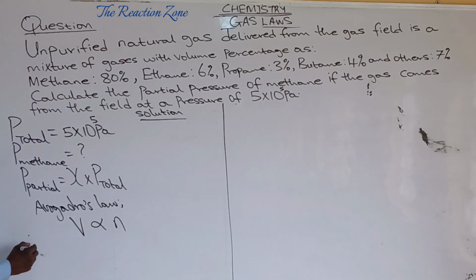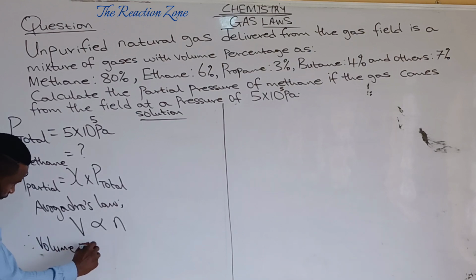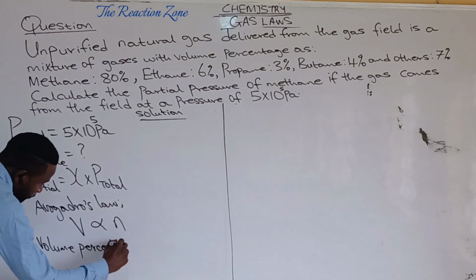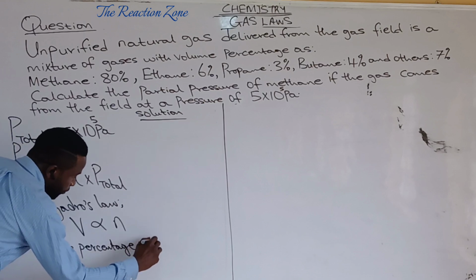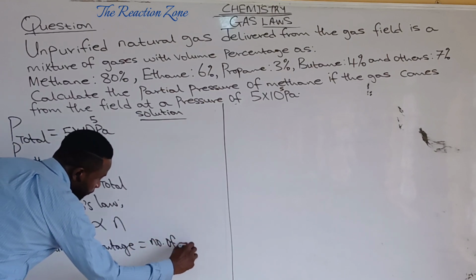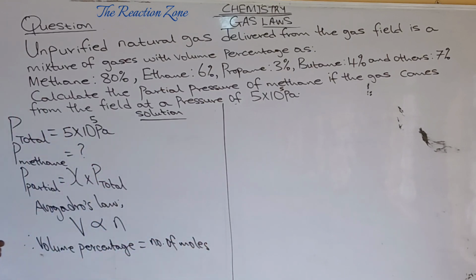So this means then that volume percentage is equal to number of moles. So in the case of methane, the number of moles of methane will be 80. Now that we know this, we can find the mole fraction of methane.